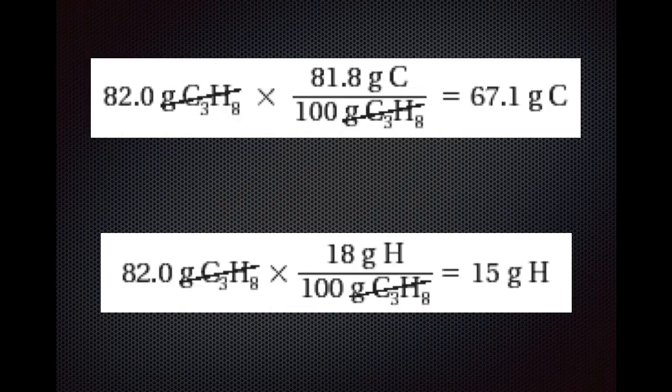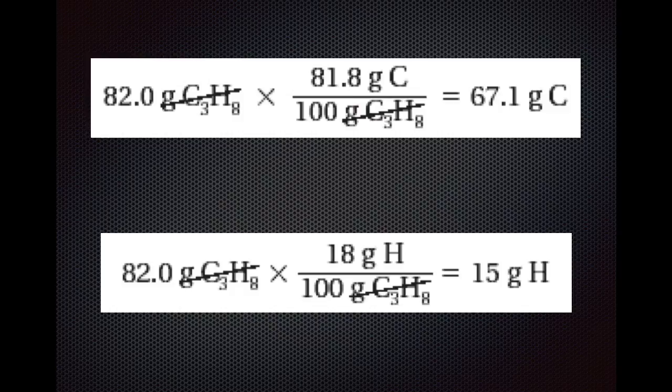If you have 82 grams of propane and you're trying to find the mass of carbon in that, you know that 81.8% of the propane compound is carbon. So for you to get rid of that percentage and turn it into grams, you know that if you have 100 grams of propane, then 81.8% of that is 81.8 grams. And that is where they got that conversion factor from.